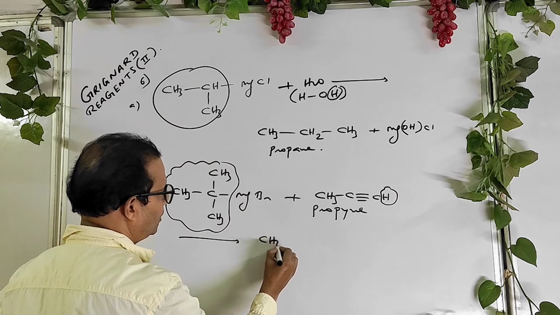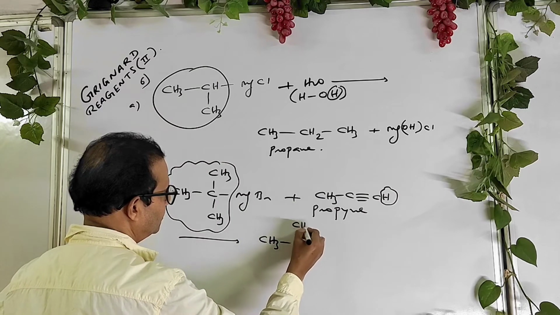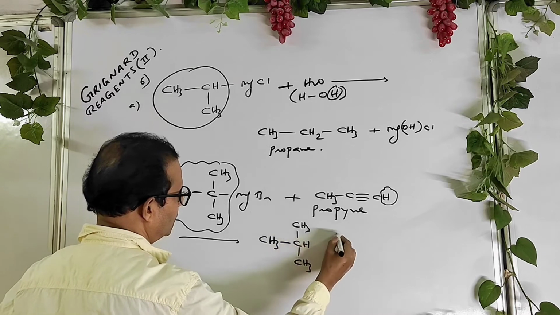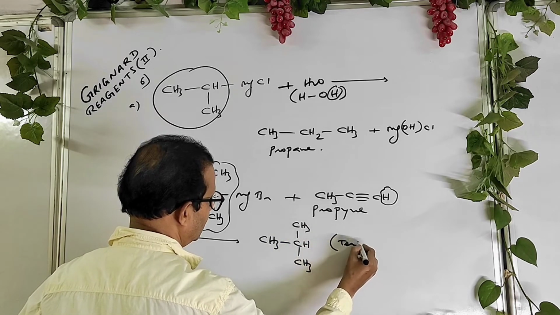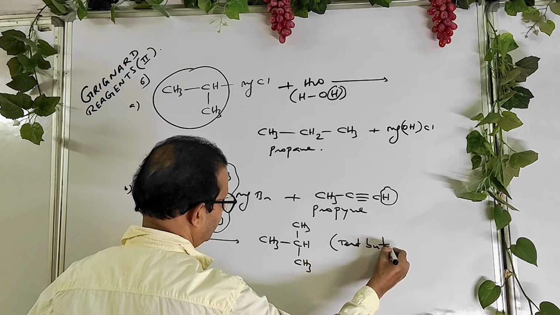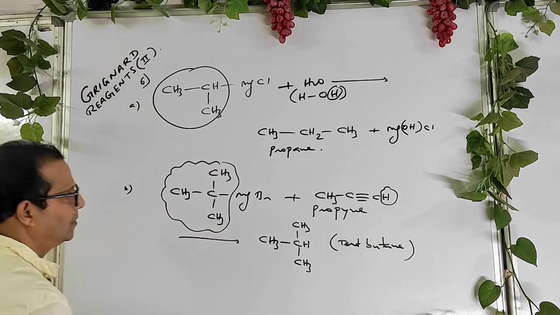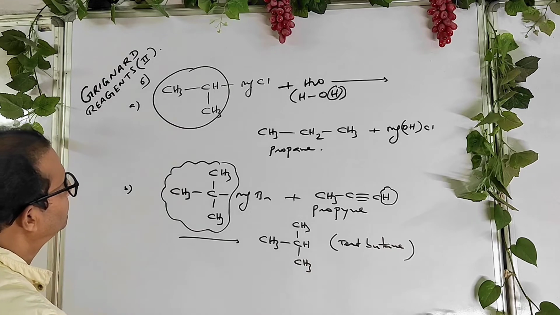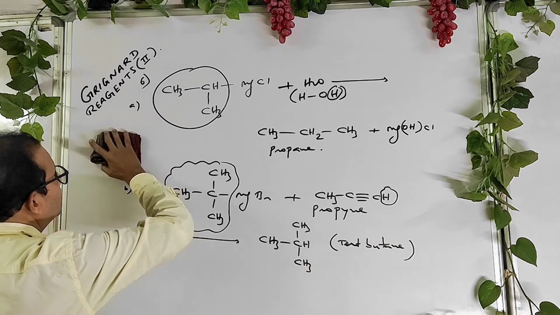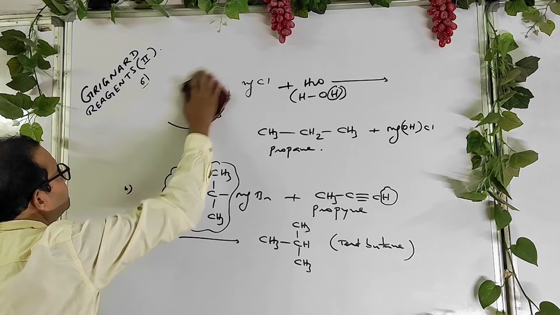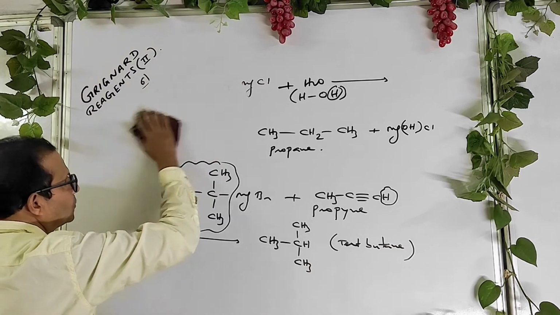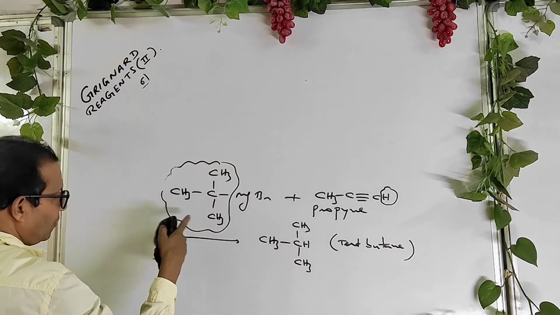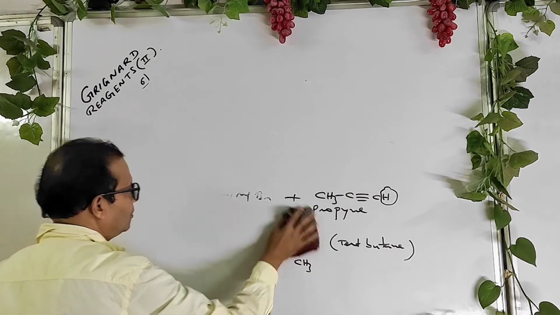So you get the product, tertiary butane. Side product, no need. Now the next question. Just follow the technique.